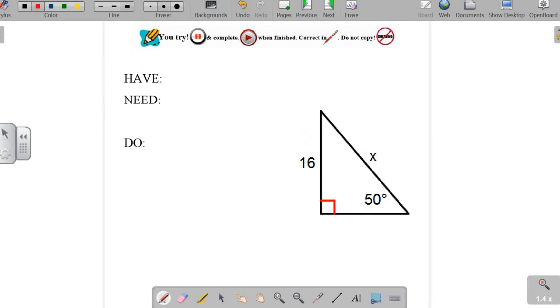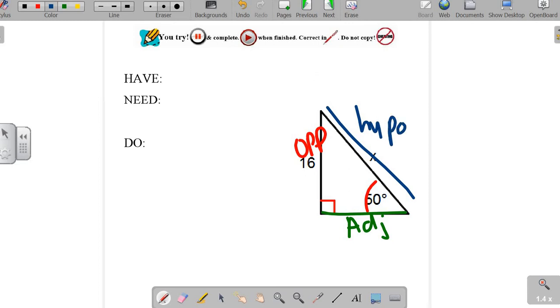From the 50, this would be the opposite, this would be the adjacent, and our x is our hypo. Have, need, do. We have the opposite, we need the hypo, that's an OH combo, so it goes with sine.